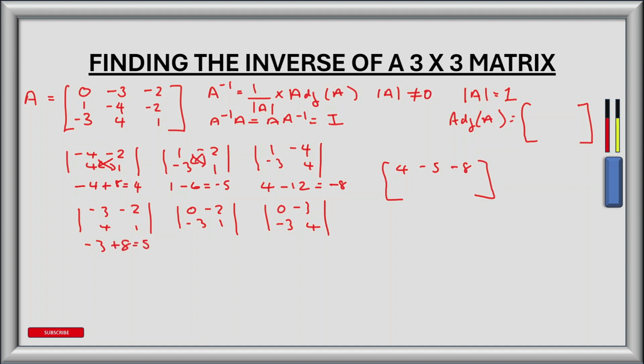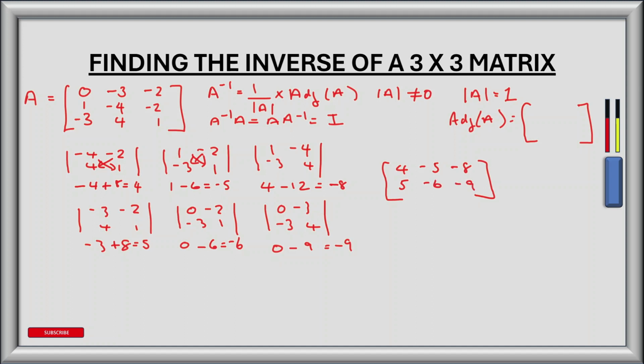And we have 0 times 1 is 0, minus 6, which is -6. And then we have 0 times 4, which is 0, and that's -3 times -3, so that's -9. That equals -9. So if we plug these into the new matrix, we have 5, -6, and -9.